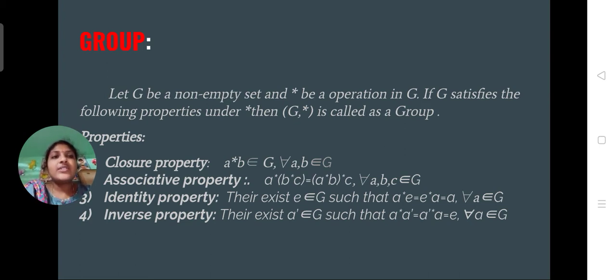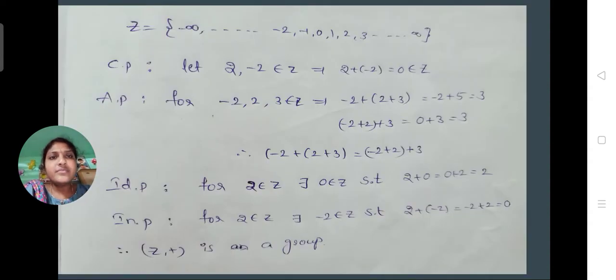For example, if we take the integer set Z equal to minus infinity to minus 2, minus 1, 0, 1, 2, 3 and so on. That means in this set we have negative numbers, positive numbers and also 0. Here we have to prove whether Z is a group under addition or not.